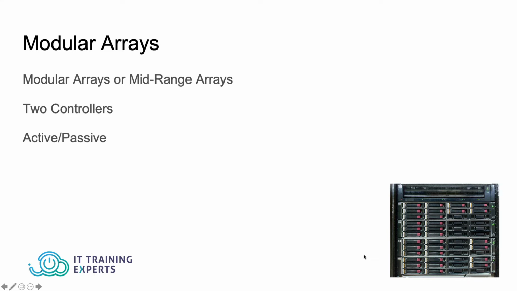Another big architectural difference with modular arrays is they're typically, not always the case, but typically active passive in design. And I mean active passive is from a controller perspective. We'll dig into more of this in a later slide, but really active passive in my book means that there's no load balancing between controllers, at least in the traditional sense.